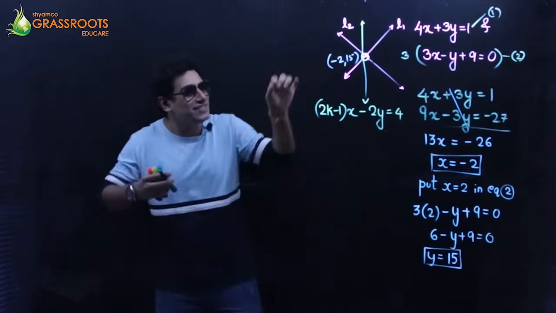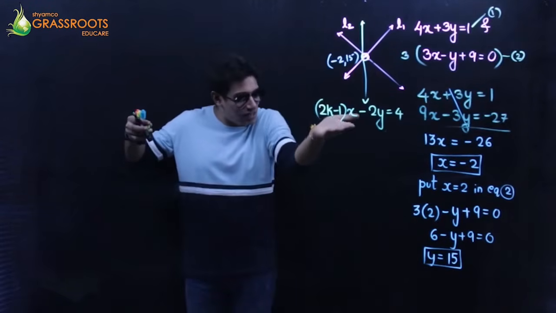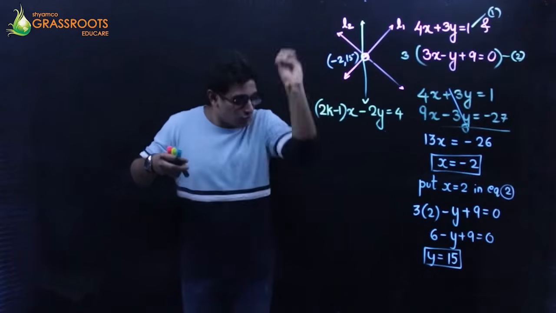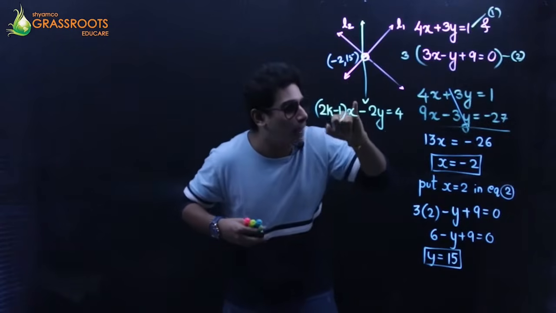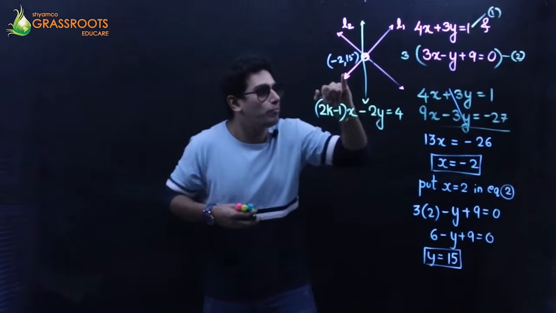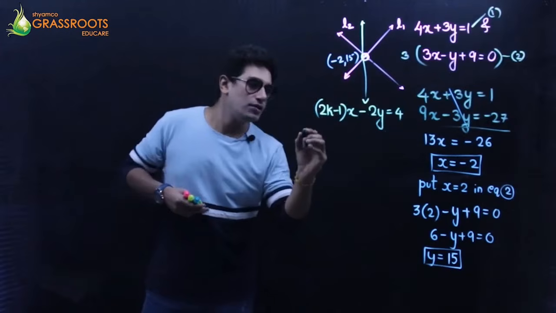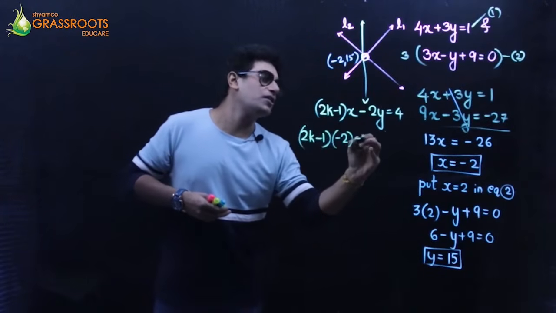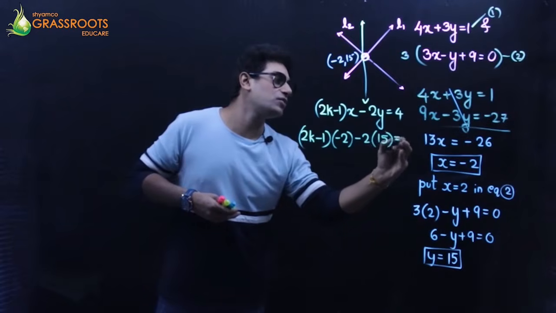I should write, since the point lies on the line, the point satisfies the equation of the line. Instead of x, put -2. Instead of y, put 15. So you get (2k minus 1) into -2, minus 2 into 15 is equal to 4.